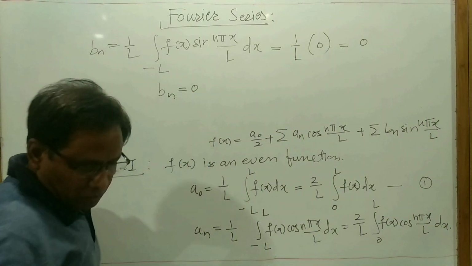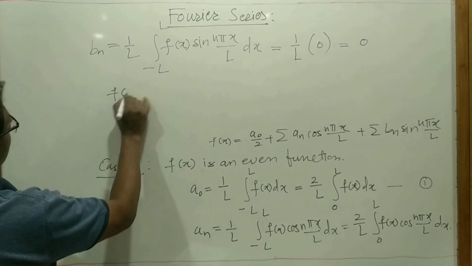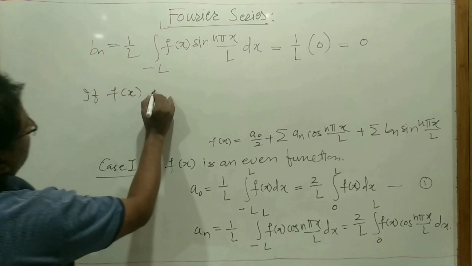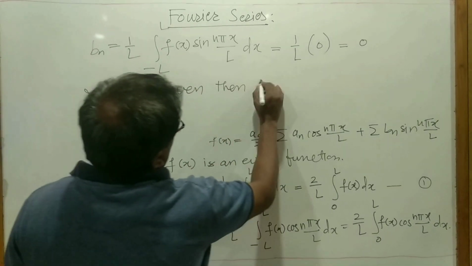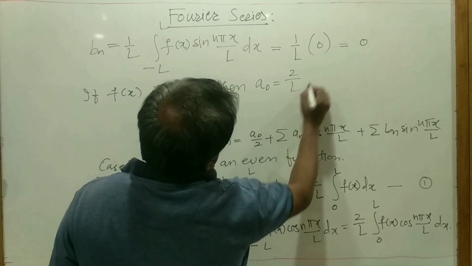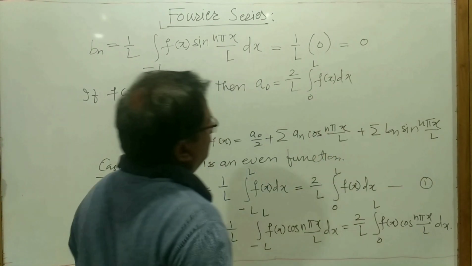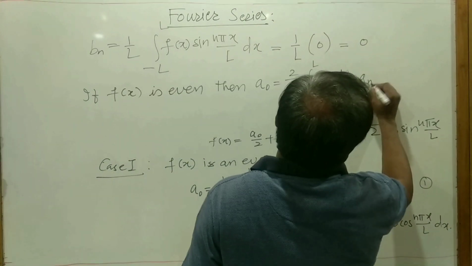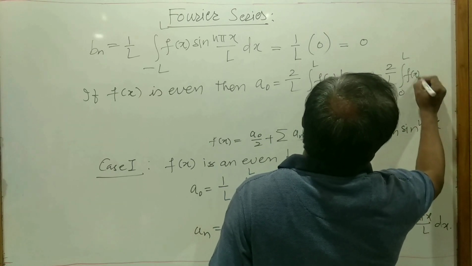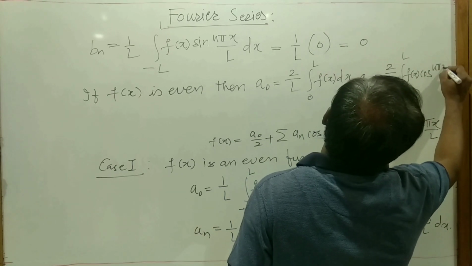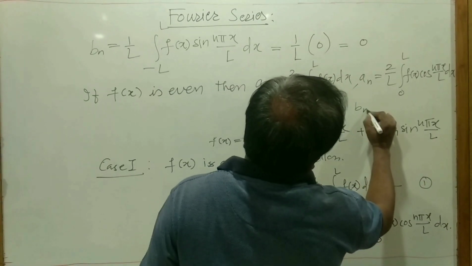Okay. So what we see here is, when the function f is an even function, if f of x is even, then a0 is 2 upon L integral 0 to L f of x dx. An is 2 upon L integral 0 to L f of x cos n pi x upon L dx, and Bn is 0.